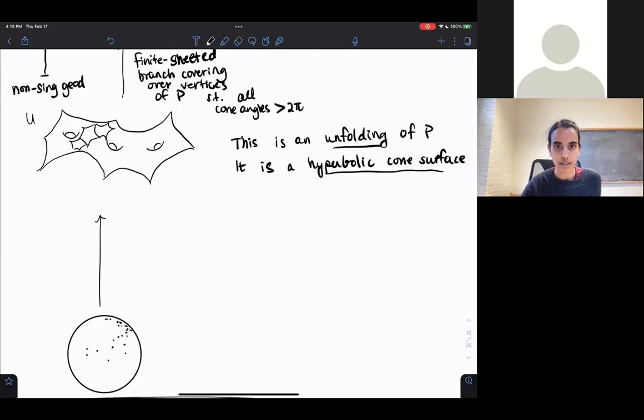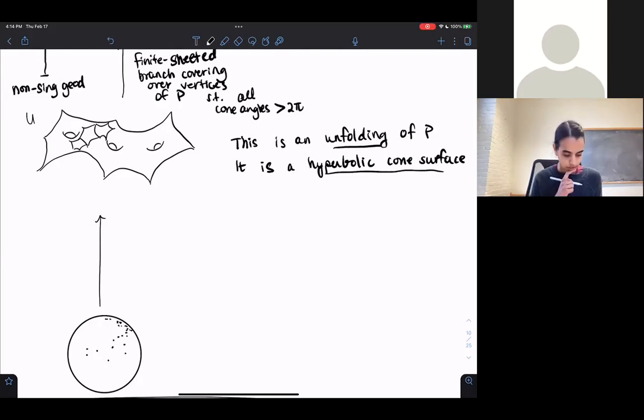Why do I exclude equal to 2 pi for the cone angles in the cover? I think it's better when it's more than 2 pi. For what comes later, you're able to sense from the metric alone where all these polygonal tiles are meeting together. If you allowed 2 pi, from the metric alone, you wouldn't be able to tell that.